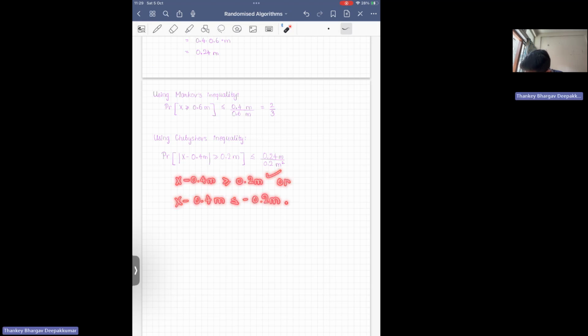The first one gives us x greater than or equal to 0.6 m, right? So this is what we're interested in, which is the same as this. And there is an or, so this probability can only be larger. So if I upper bound this, I'm done.